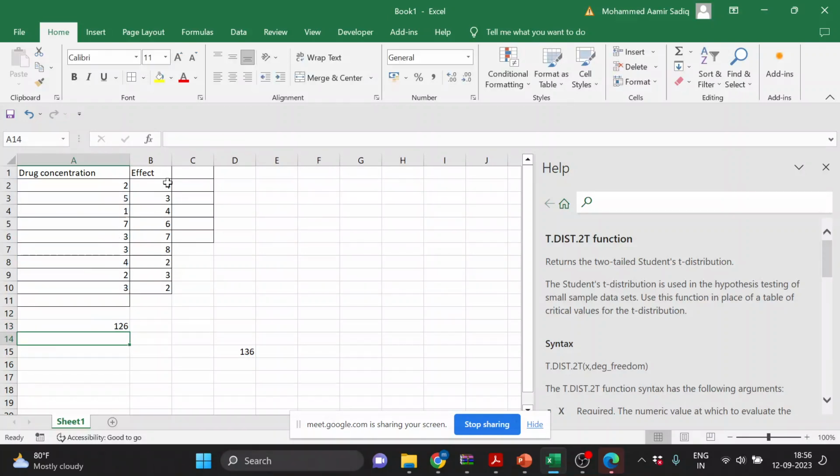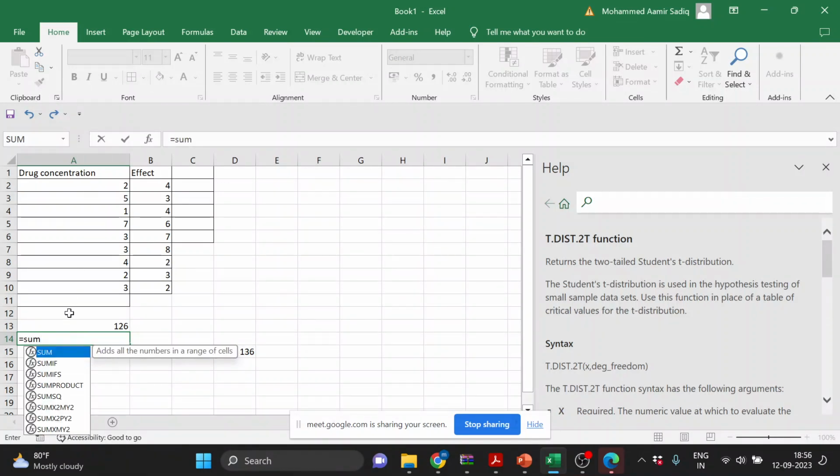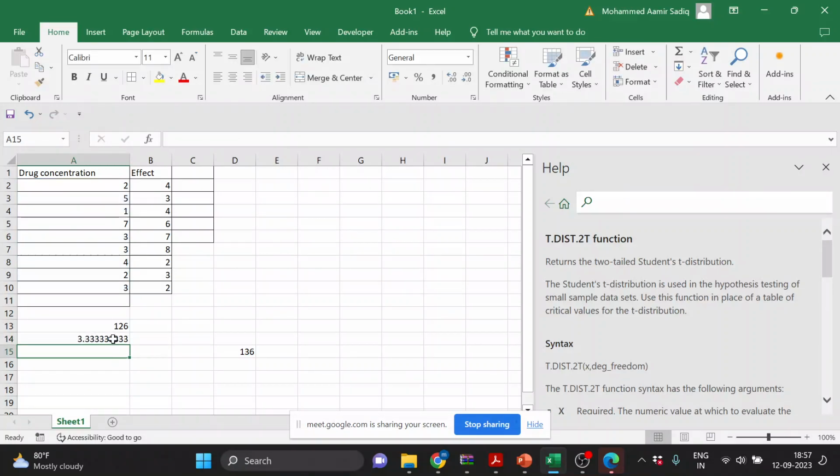This is the sum of the square of your X values, and this is the sum of these values divided by how many values we have. Now what I've done is, suppose this is your X and this is your Y.